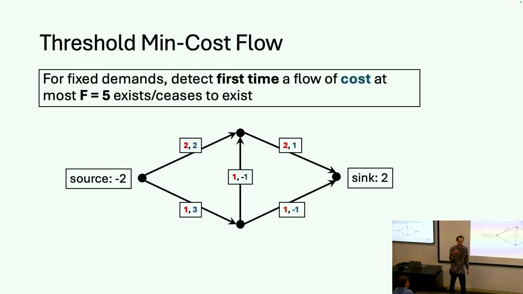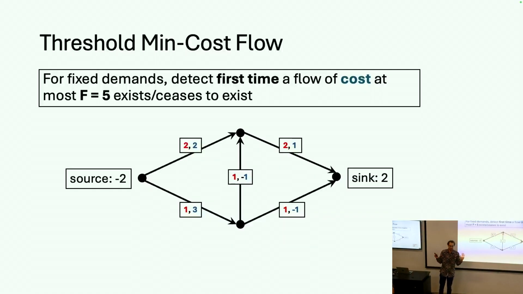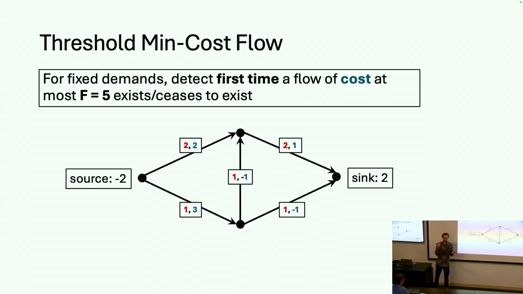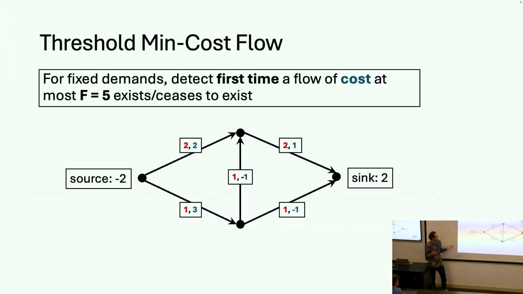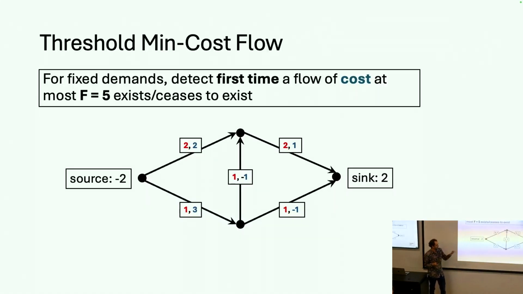The threshold part of this problem is that, for fixed demands, we want to detect the first time a flow of cost at most f either exists or ceases to exist. The exists part is in the incremental case, where it only gets cheaper, and the ceases to exist part is in the decremental case, where it only gets more expensive to send a flow. For this small example, I will just go with f equals 5, but this is a parameter that the user of the algorithm can set.